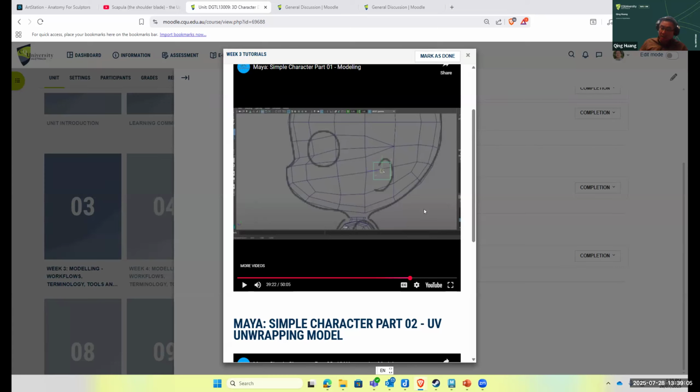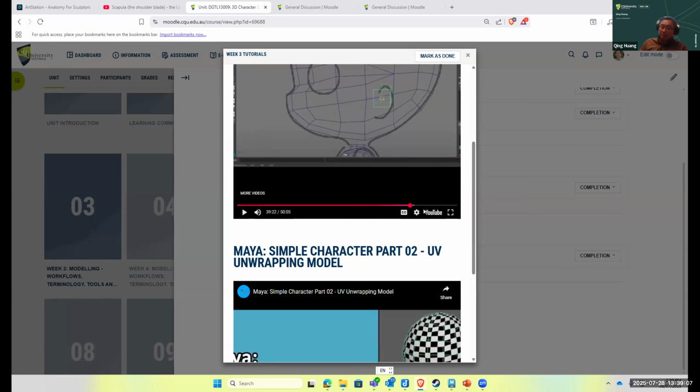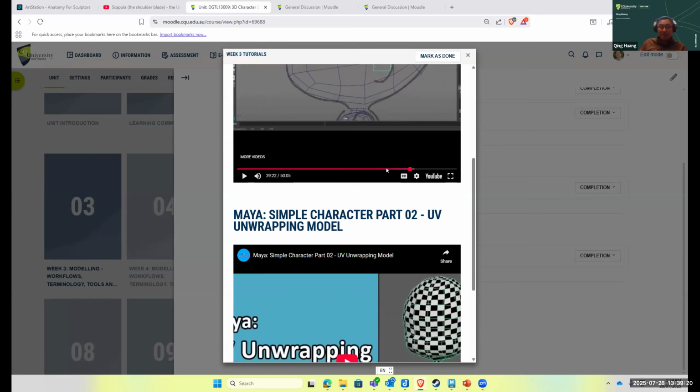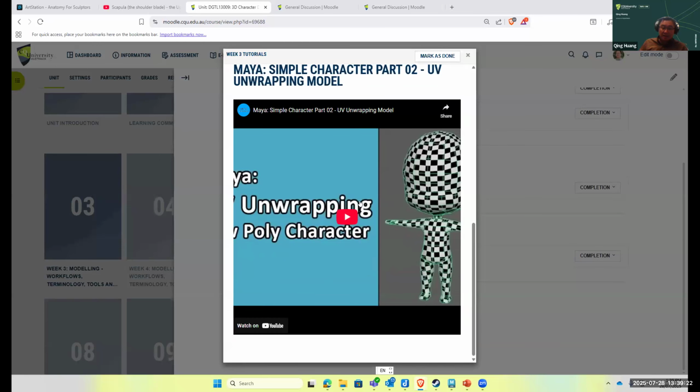It will gradually build up your skills in polygon sculpting, for such a simple design, simple shapes and forms. It also shows how to split the UV map, although the first assignment doesn't necessarily need the UV map.